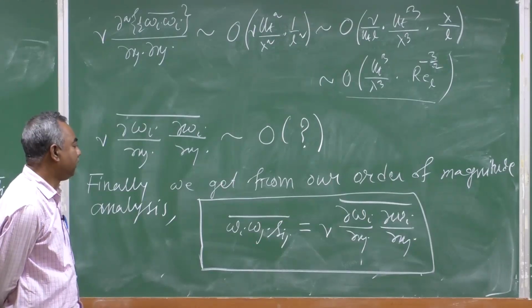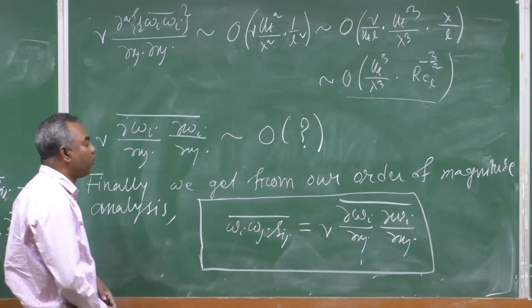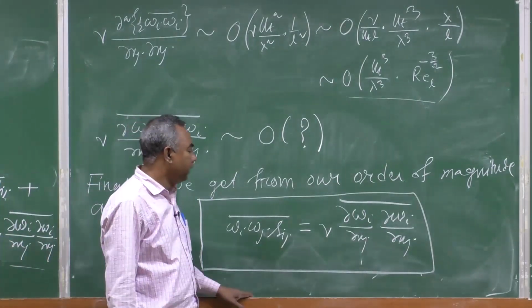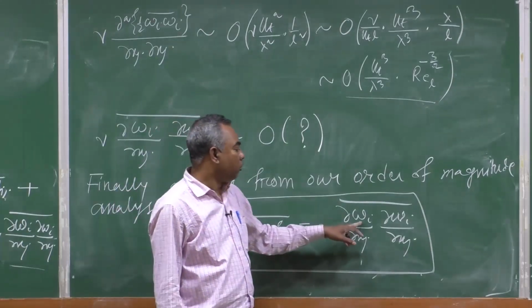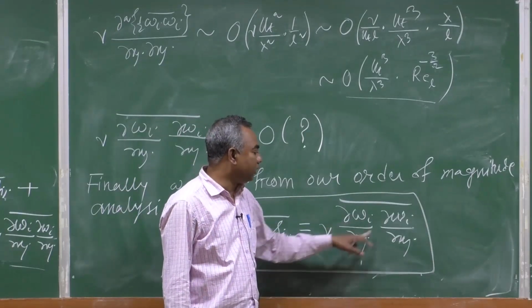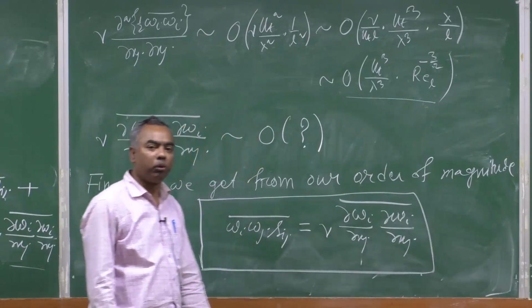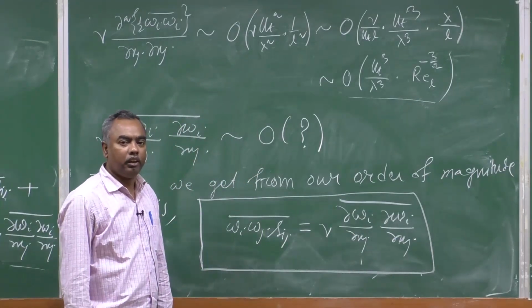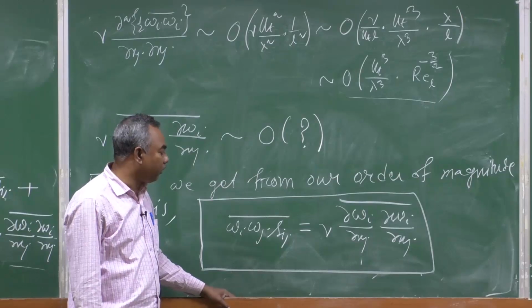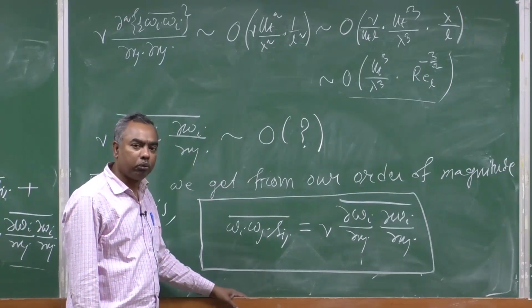Okay. So, there are some interesting observations to look at from these equations. You see the right hand side, omega i del omega i by del xj, del omega i by del xj, is quadratic. That means the right hand side term is always positive. If the right hand side term is always positive, that means this term is also going to be positive.